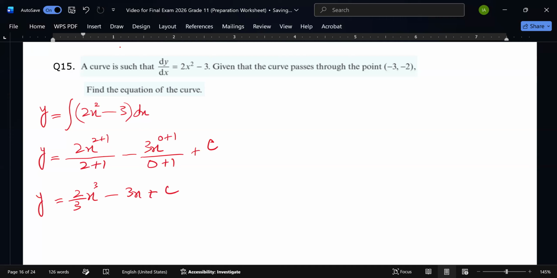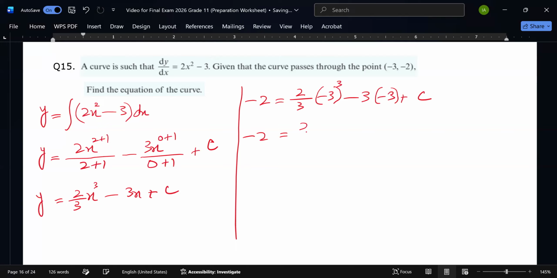Okay. Now substitute the values of x and y. Y is minus 2 and the x is minus 3. 2 over 3 and this is minus 3 power 3, minus 3 times minus 3, plus c. It's 2 over 3 and this is minus 27, and this is 9. So it's going to be 2 times minus 9, that is minus 18, plus 9 plus c, equals minus 2.